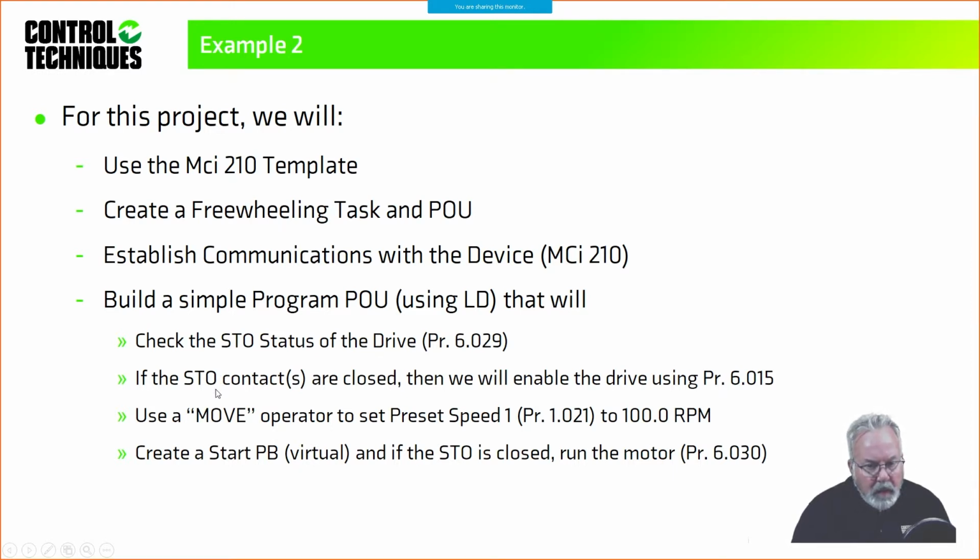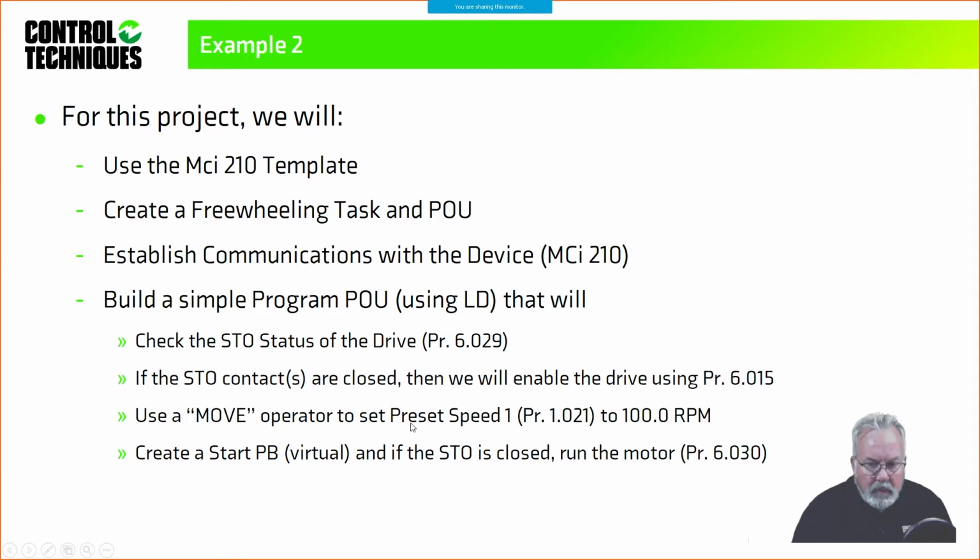I'm going to add another network where, if the SafeTorque contact is closed, I'll enable the drive using menu 6, parameter 15. Then I'm going to add another network that uses a move operator, which you haven't seen yet, to set preset speed.